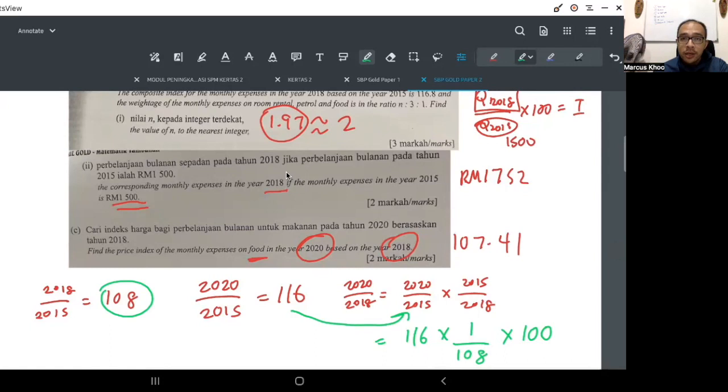Sorry, this is the way I remember it lah. I'm sure there's a logical explanation to this, but this is my shortcut way of remembering it. If one of the values I have to invert, the price index I have to multiply by 100. But if both of the values I don't have to invert at all, then I have to divide by 100. So when you do that, you will get this answer, 107.41.